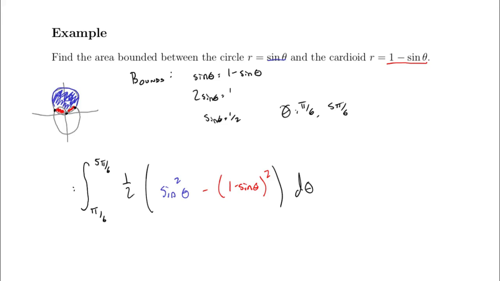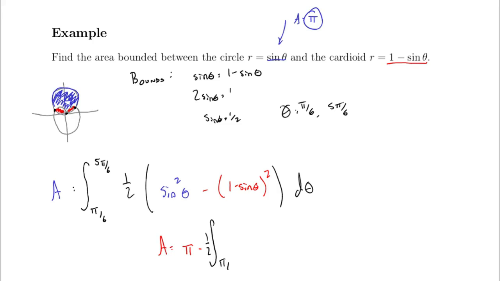This is the blue area. And so our real area is going to be the area of the whole circle. Now, that should be easy because we know what the radius of this circle is. The radius is 1. And so we know that the area of this circle is just pi r squared. It's just pi. So what we can do is say our red area then is going to be pi minus this integral.